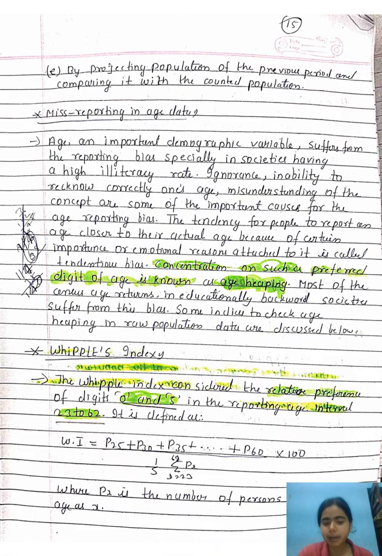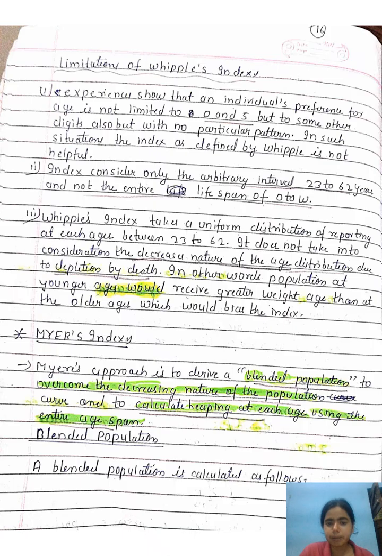This is the formula of the Whipple index, and these are the limitations of the Whipple index. Myers' index approach is to derive a blended population to overcome the decreasing nature of the population curve and to calculate heaping at each age using the entire age span.